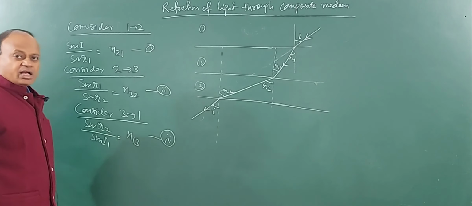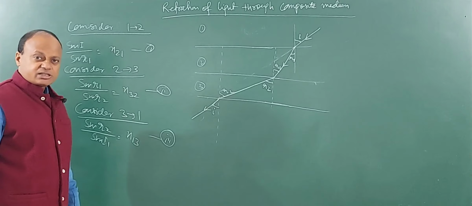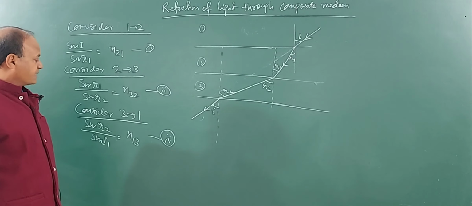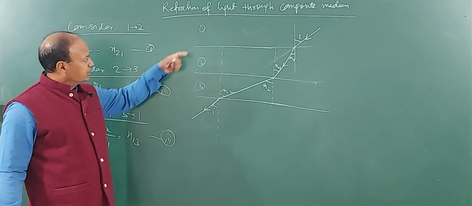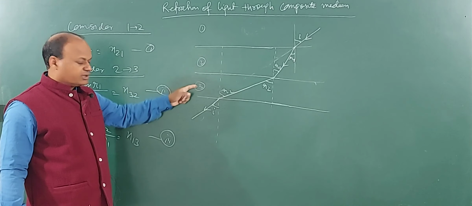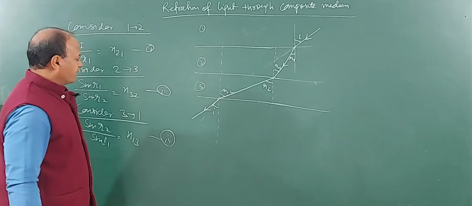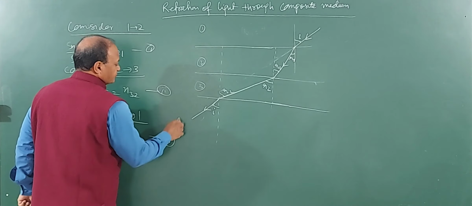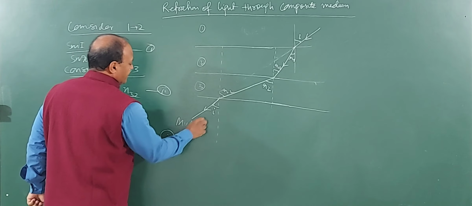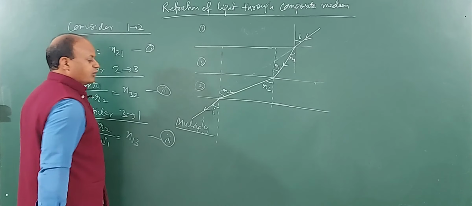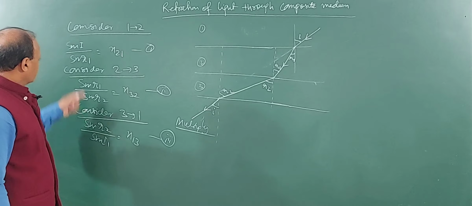So children, we have written down the equations for refraction in all three cases, 1 to 2, 2 to 3 and 3 to 1. I will multiply all three. If you multiply 1, 2 and 3, then what do I get, children?